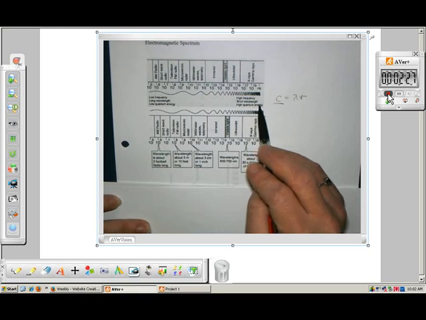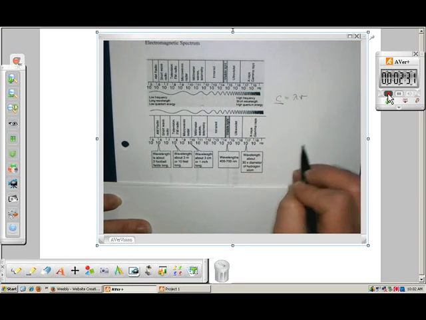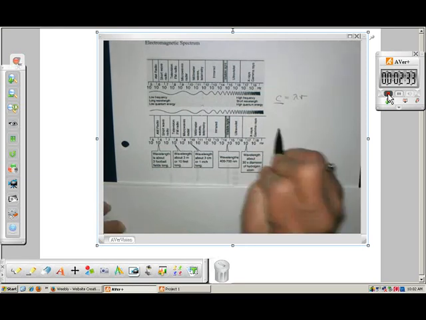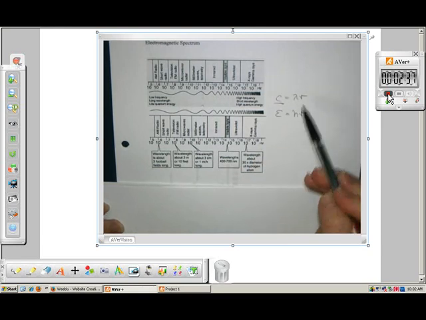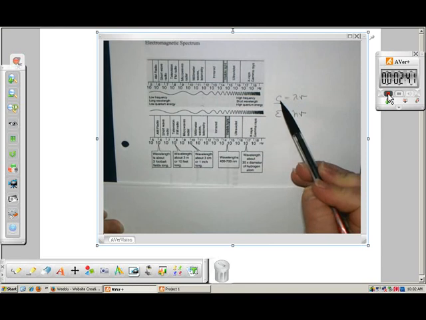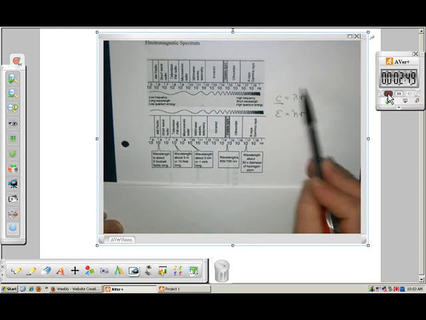It has an electric component and a magnetic component. Now, we're going to see where this equation comes from. E equals h nu. Nu is frequency, lambda is wavelength, c the speed of light, E energy in joules, h Planck's constant. We need to be able to solve anything within these equations.